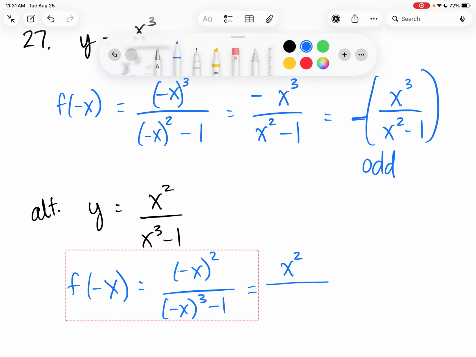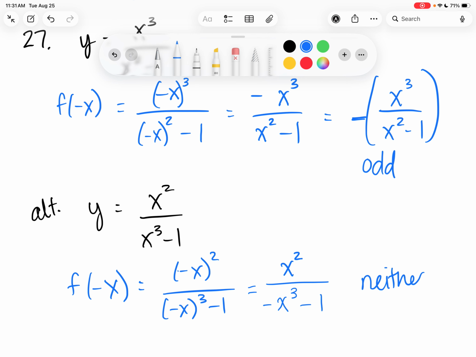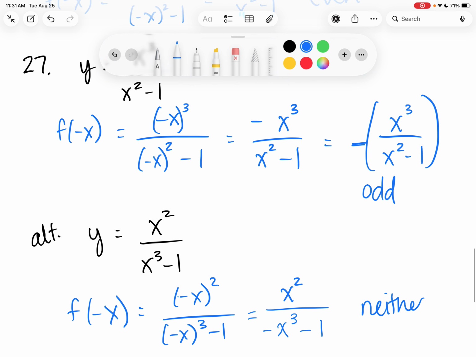Over the bottom, the first term is negative, so it's negative x cubed minus 1. The only thing here that changed was this sign, so this is going to be neither. It's the same variables that we had in the previous one. The difference is that because the negative was on top on a single term, it can go to the whole thing.